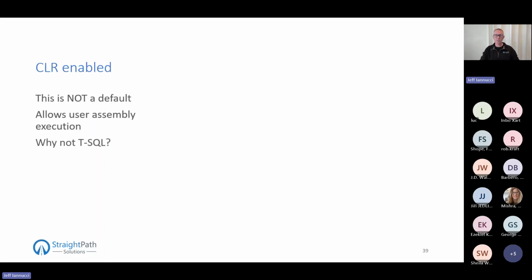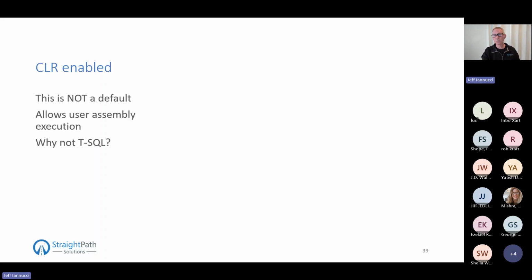So sometimes we can't do things in T-SQL. We started using CLRs, I want to say, in SQL Server 2005, maybe? Because there were certain things we couldn't do in T-SQL. We couldn't split strings, things like that. Well, since then, we have made advances in our T-SQL. There have been feature additions that probably allow us to do almost everything we need.